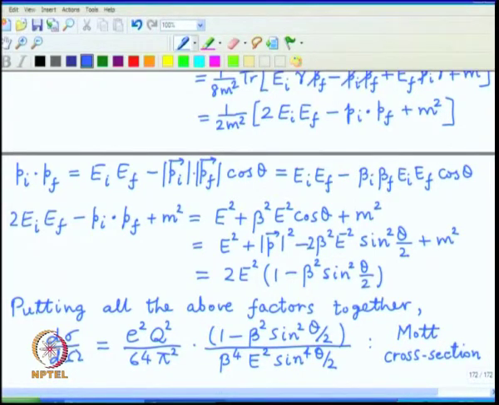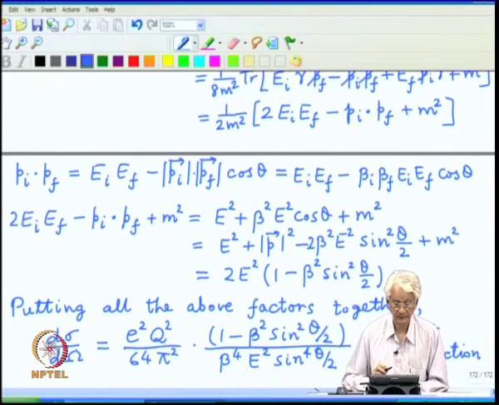The rest of the stuff is identical to what Rutherford calculated and used.